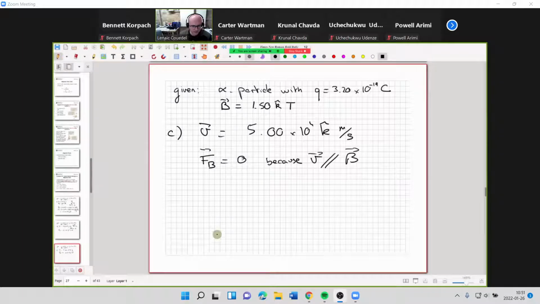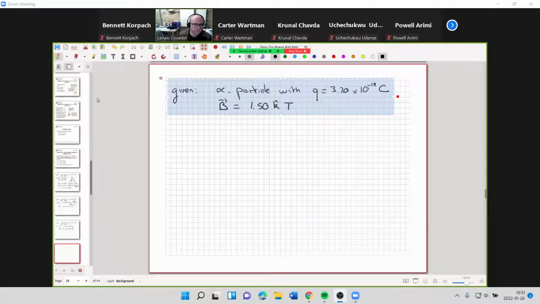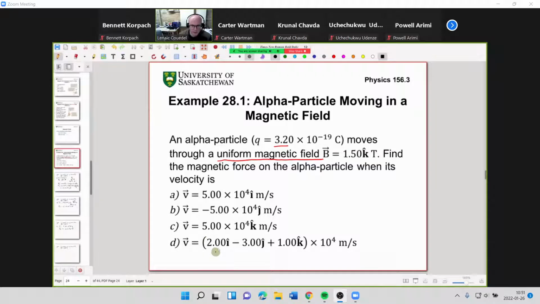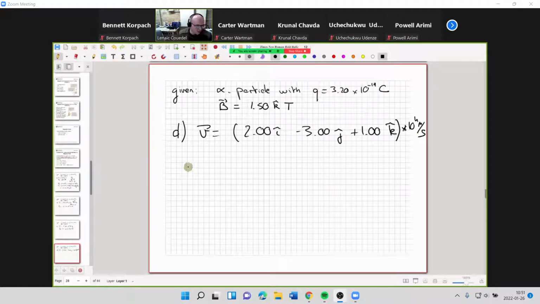And finally, the last case, which is a more general case. So D, if I go back to the text, so 2 along I, minus 3 along J, plus 1 along K. All right, so this one is slightly more complicated.